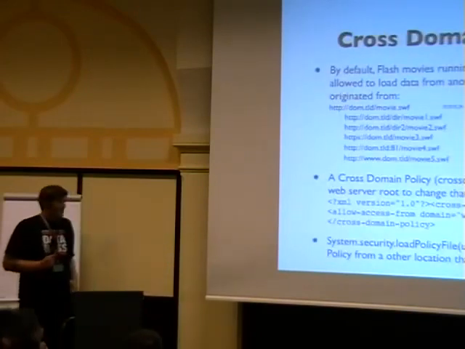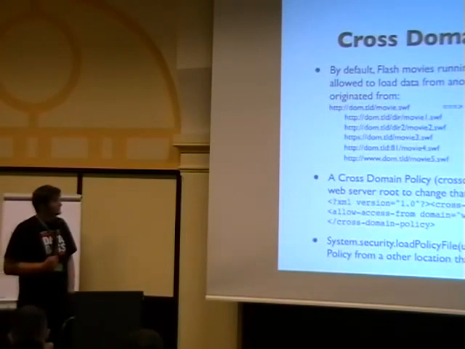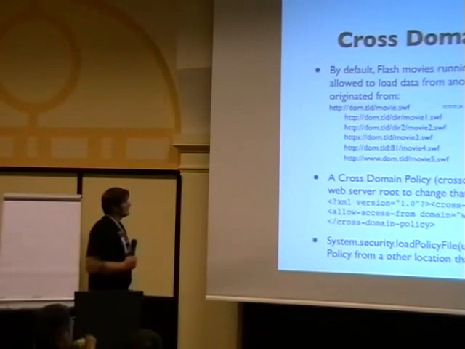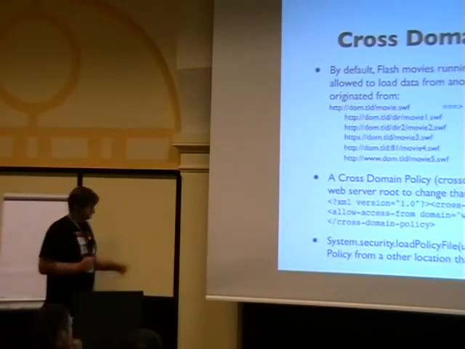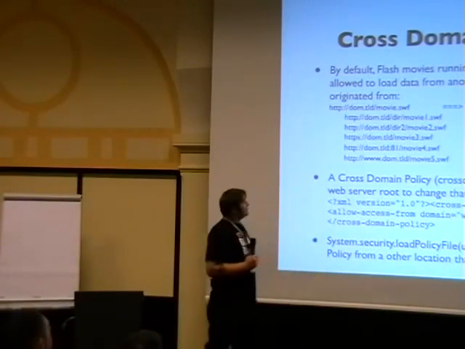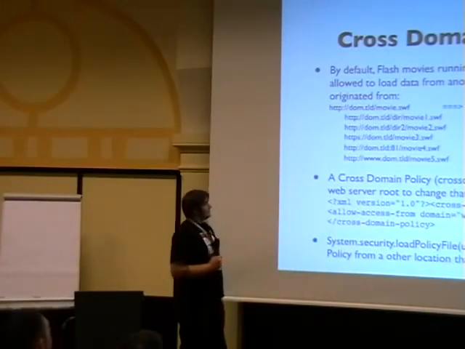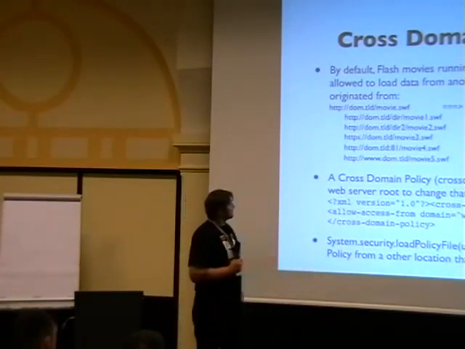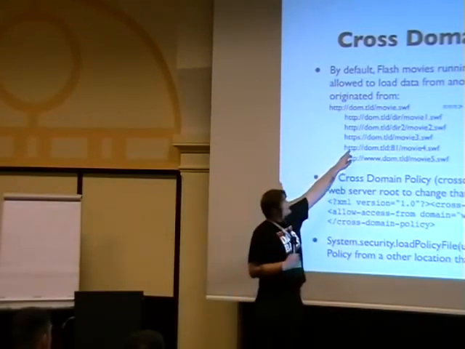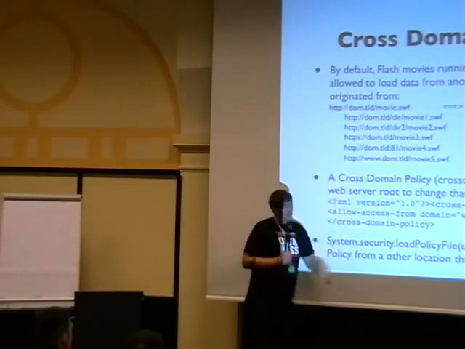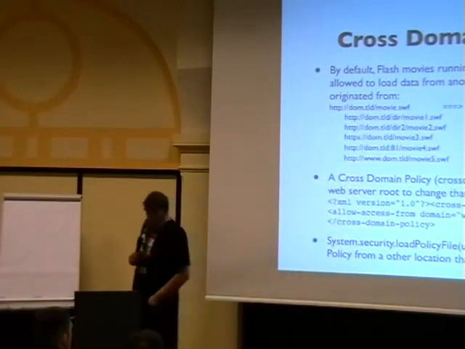The cross-domain policies are pretty much like in other environments. So in this example, the first two URLs get access, the third doesn't, because it's another protocol. This one has a different port and this one has a different name.